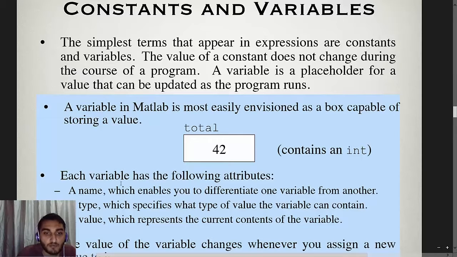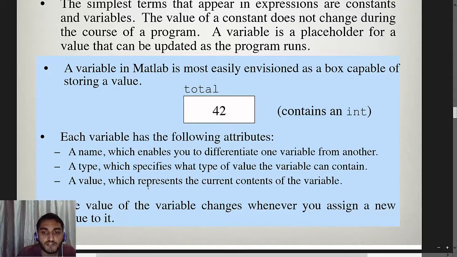Each variable has the following attributes: a name which enables you to differentiate one variable from another, a type which specifies what type of value the variable can contain, and a value which represents the current contents of the variable. The value of the variable changes whenever you assign a new value to it. For example, you have an equality, total is 42.